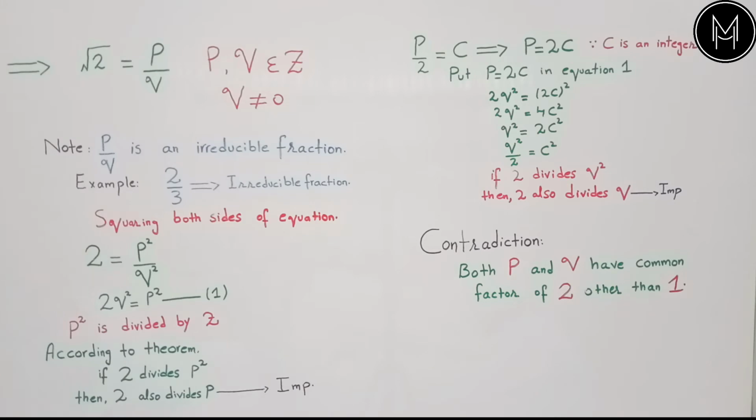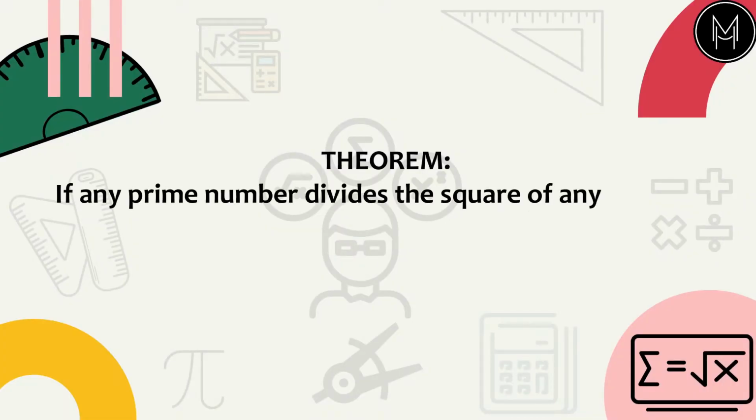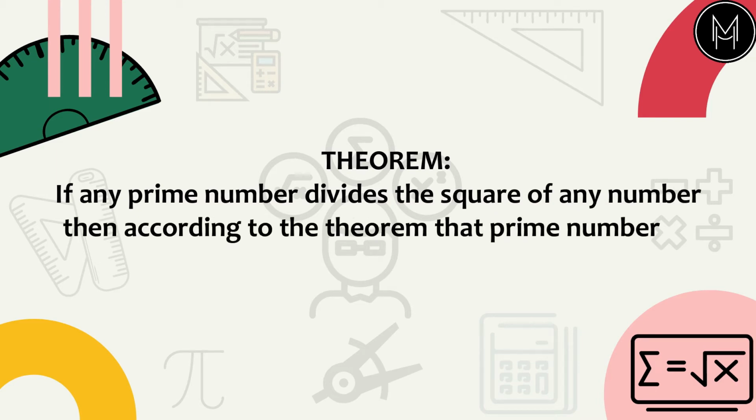So if p square is an even integer, then p square is divisible by 2, as an even integer is always divisible by 2. So this is our statement that p square is divisible by 2. Now we will use one theorem: if any prime number divides the square of any number, then according to the theorem, that prime number will also divide the actual number.